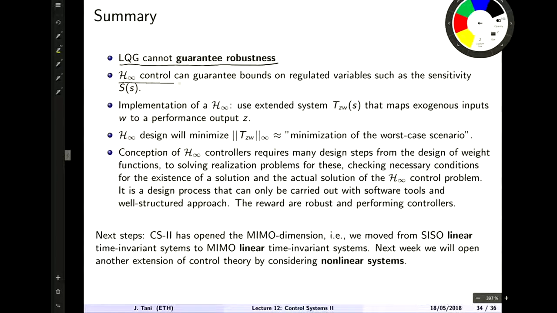H-infinity can guarantee bounds on regulated variables, such as the sensitivity S. If you want to implement it, your biggest step is to model an extended system T_zw with a performance output z and exogenous inputs w. Remember this, H-infinity design will minimize the infinity norm of T_zw, which is the minimization of the worst case scenario. This is what it does.